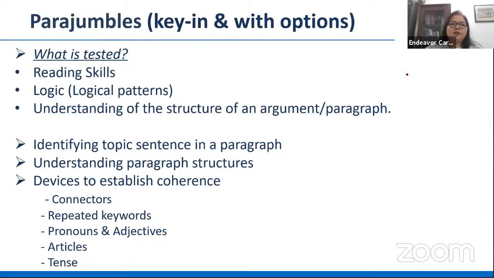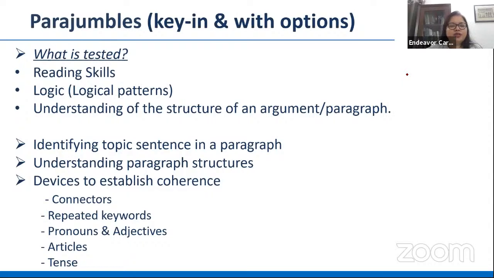In both aspects, you will require an understanding of reading ability, your ability to understand links or the logical arrangement of ideas, the typical logical patterns that we find, the typical ways in which ideas are presented. And third, how exactly are paragraphs structured? So when you have multiple, different kinds of ideas given, how do you structure them? What are the normal ways in which paragraphs are structured?